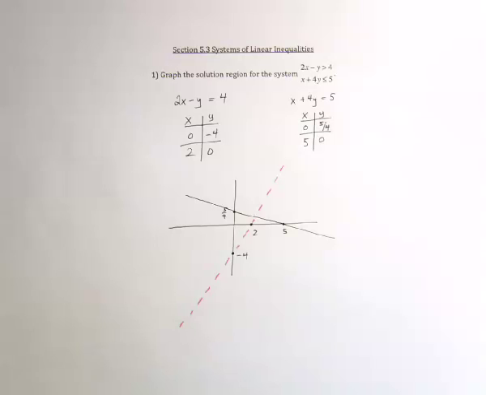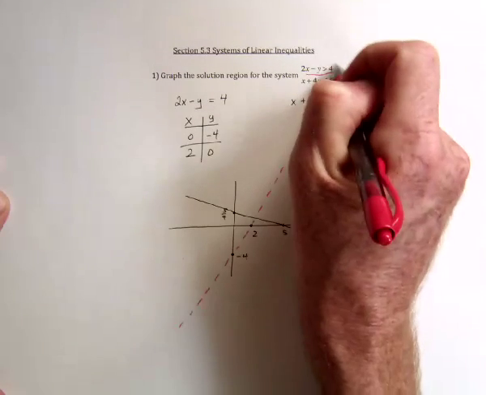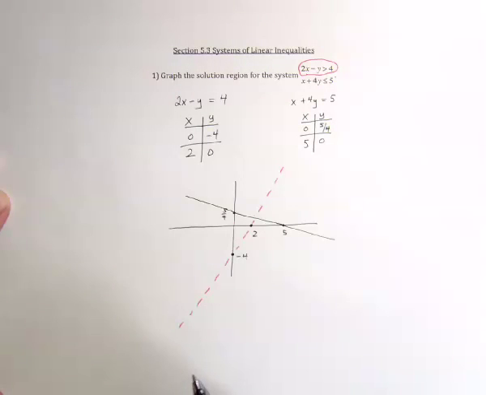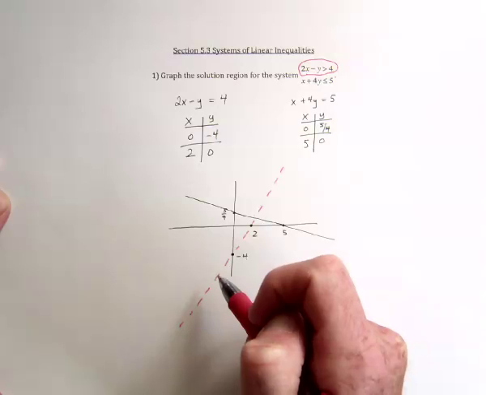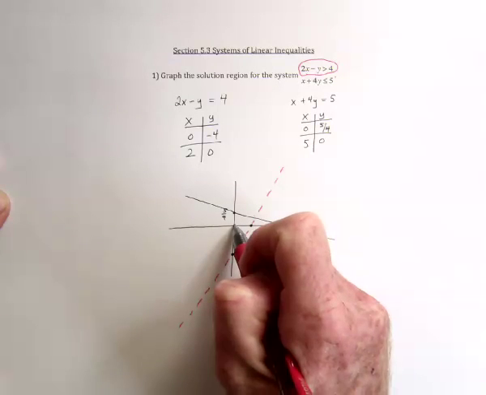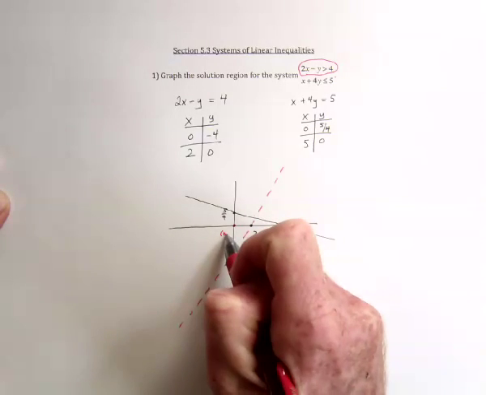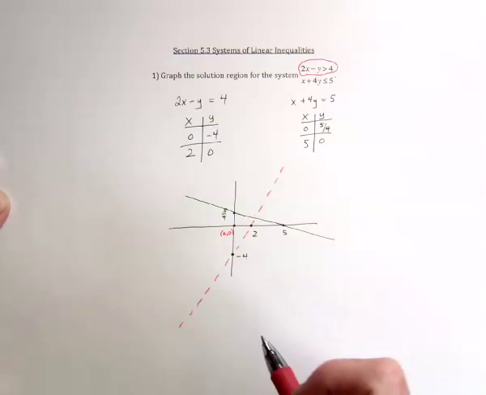So first of all, we go to what was the dotted line, and looking at the dotted line, pick a point that's on one side or the other. Usually the easiest to use is 0, 0. So use that as a test point.